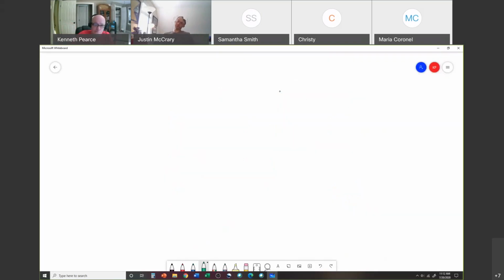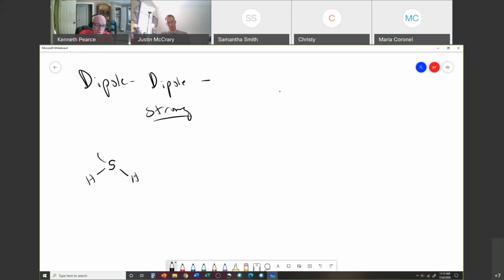Now, the next one is something called dipole-dipole. And it's strong. It is strong. So if you take something like dihydrogen sulfide, which looks like this, it does have a dipole. And it goes this way.